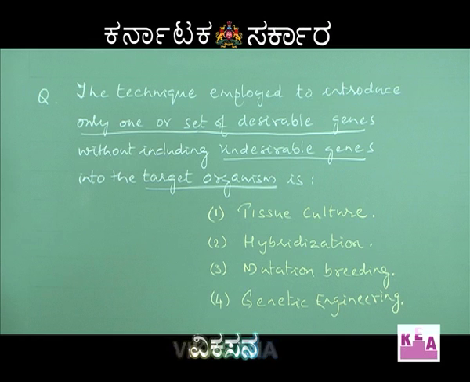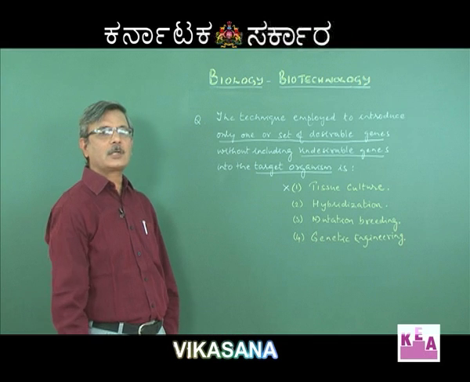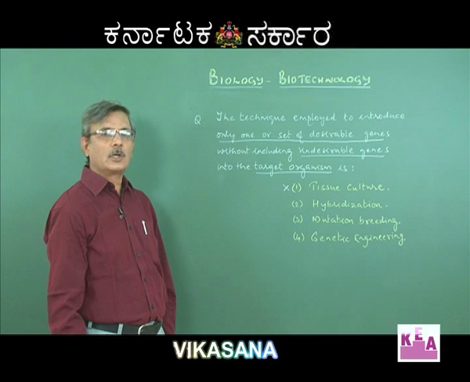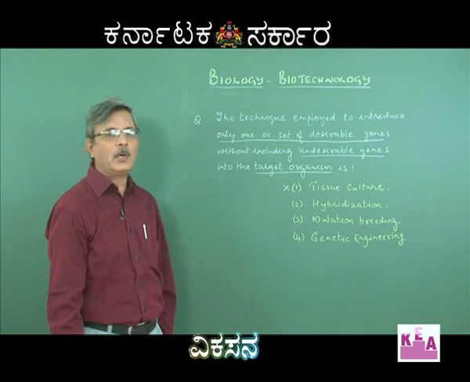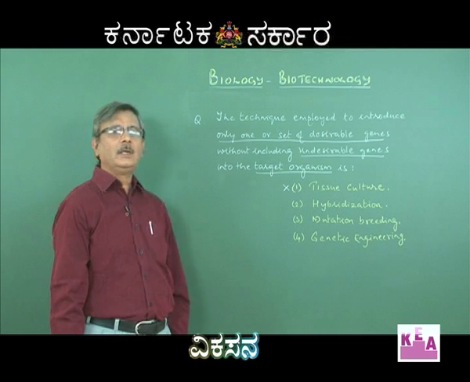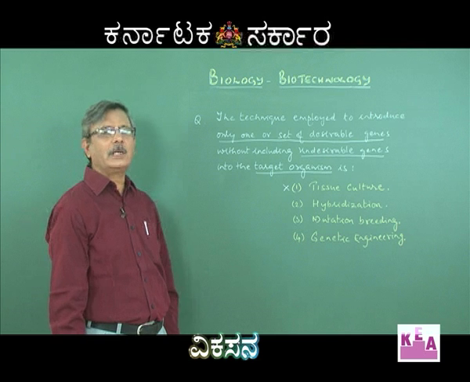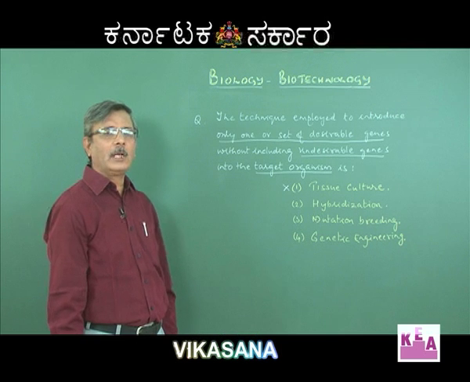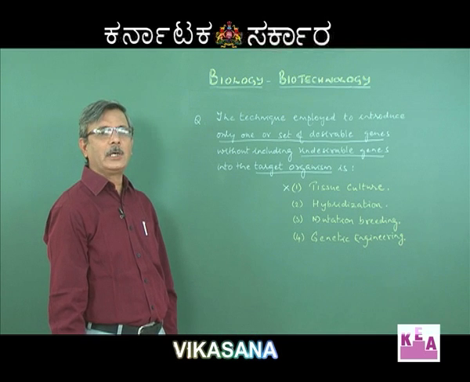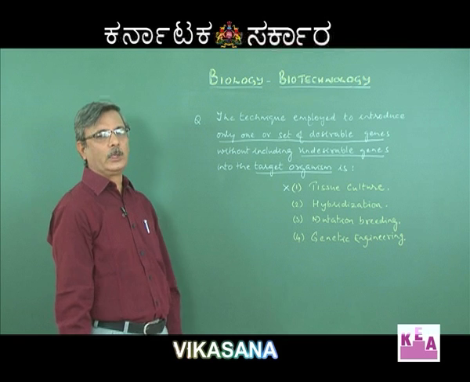The second option is hybridization. We all know crossing of two pure breeding parental stocks differing in certain features is called hybridization. Hybridization is one of the traditional techniques used by man for animal and plant breeding with an intention of improving.